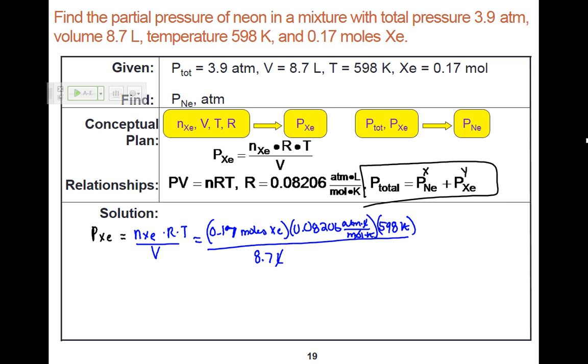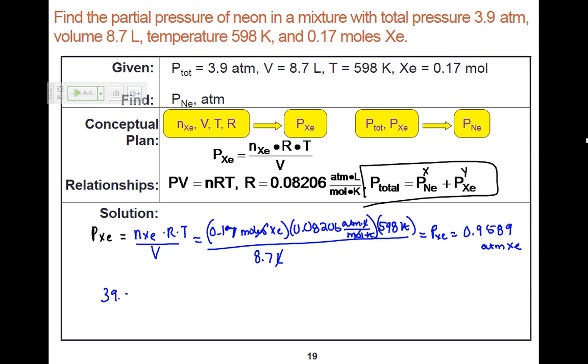So that'll leave us with our partial pressure of xenon. We know our total pressure, so I can plug that in. That was given to us as 3.9.